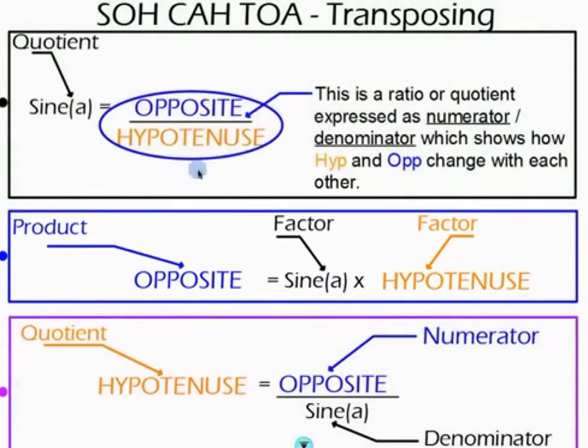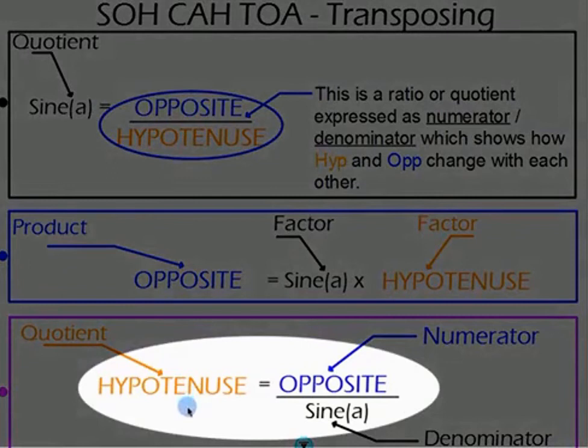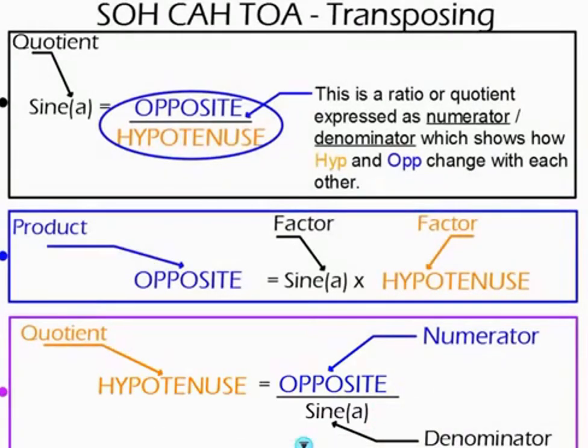But if we happen to know the opposite side length instead, and we want to find the hypotenuse, then the hypotenuse is just the opposite length, which we know, divided by the sine of the angle, which we also know. So there's always a way to find the unknown length if you know one of them and the angle in question.